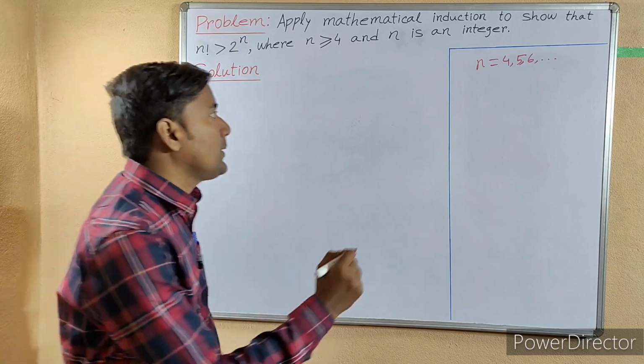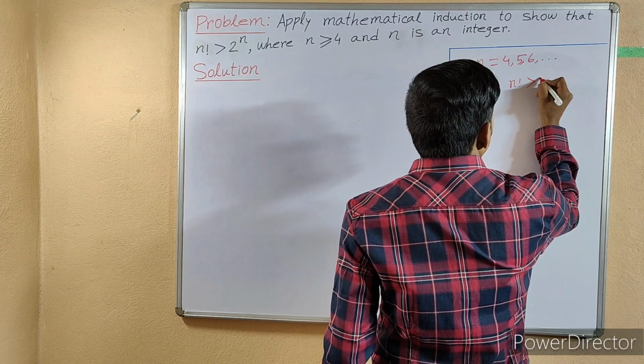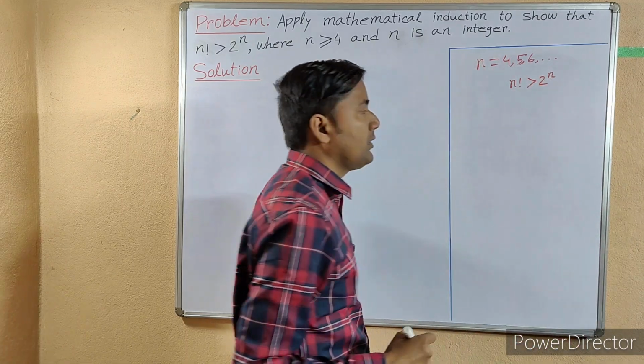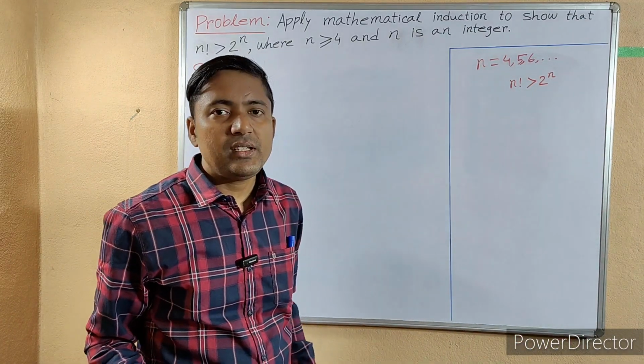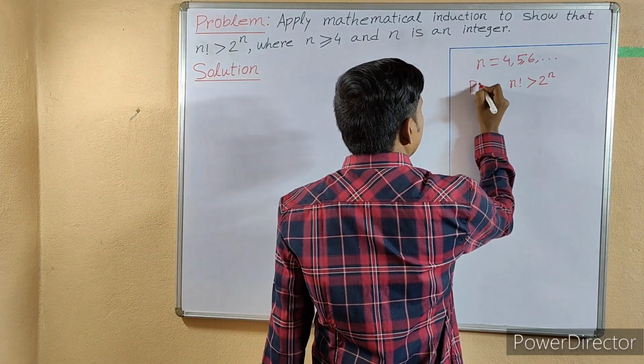We have to prove factorial n greater than 2 to the power n. This is a statement involving n. We can call it Pn.